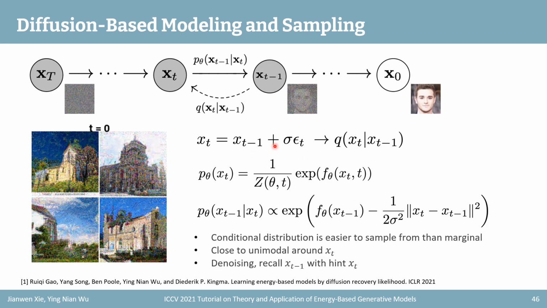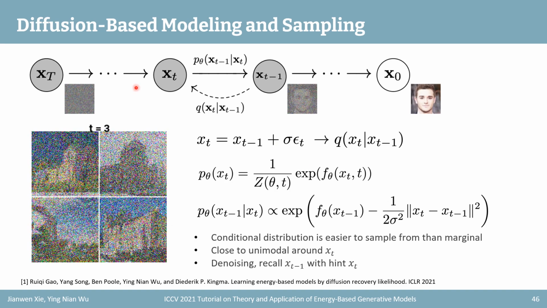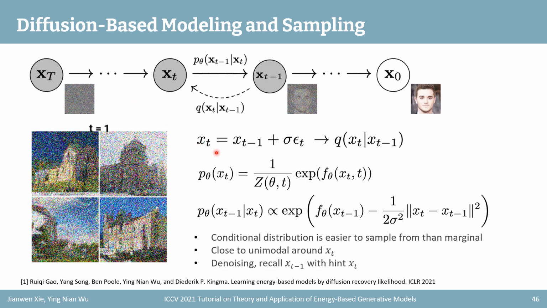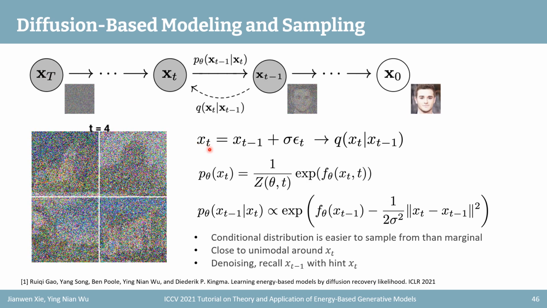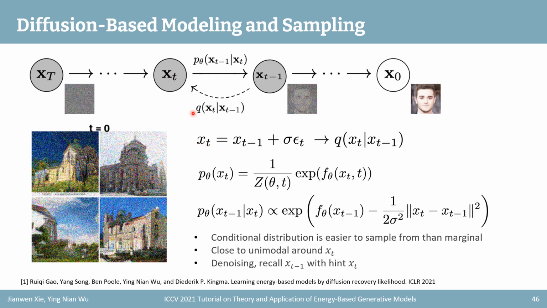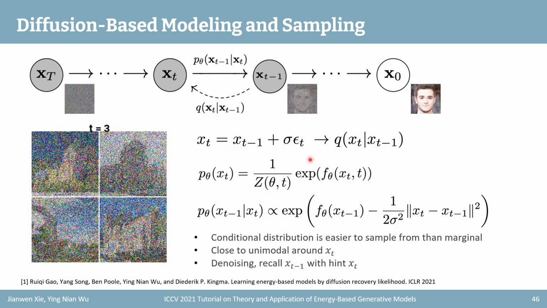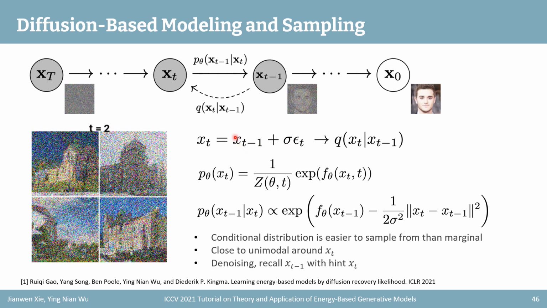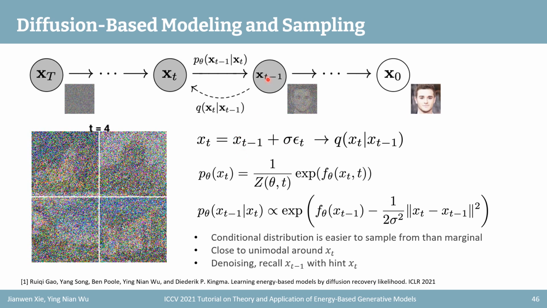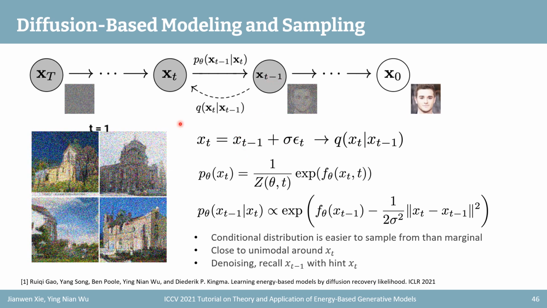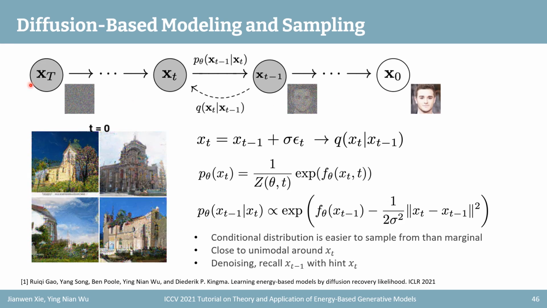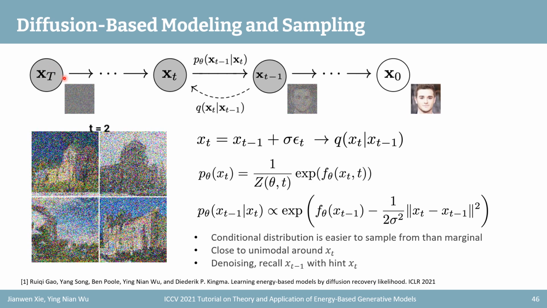By adding more and more noise, we eventually arrive at a white noise image. At time step t, x_t is obtained by adding Gaussian noise of variance sigma squared to the image at time step t-1. If you repeat this process, it is a diffusion process that eventually leads you to a white noise image.